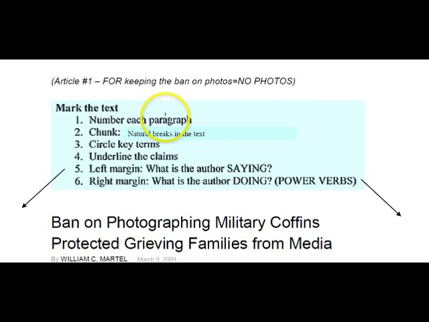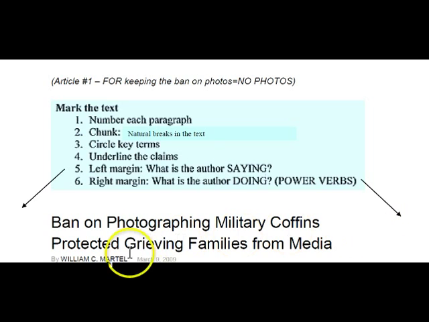You're going to number each paragraph, chunk it at natural breaks in the text, circle any key terms that are defined or repeated, underline the claims or the beliefs of the author. In this left margin area, write what is the author saying by summarizing each chunk, and in the right margin, what is the author doing right there using power verbs? Tell what the author is doing for each chunk.